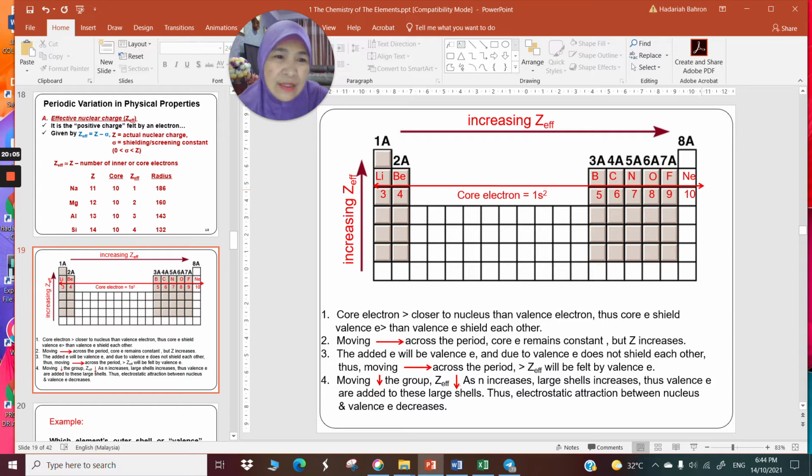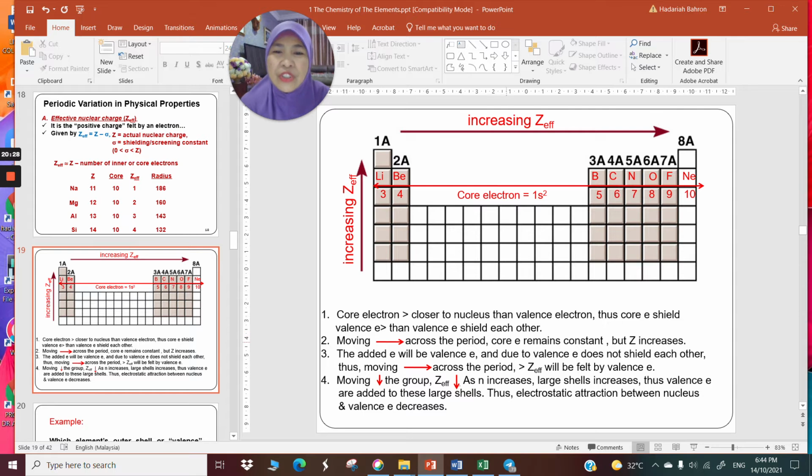Lithium is bigger than fluorine. Lithium is bigger than oxygen because the effective nuclear charge is increasing as we go towards the right side of the periodic table. Core electrons are closer to the nucleus than valence electrons.